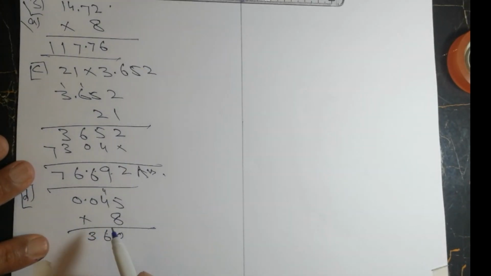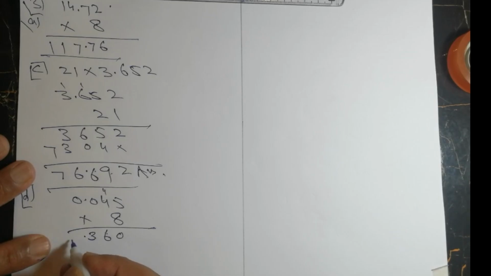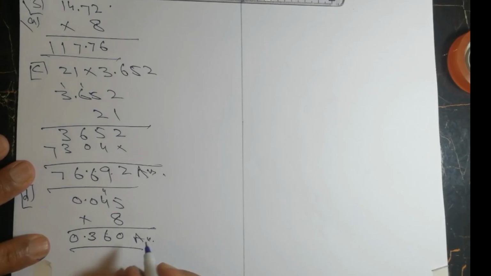So now the decimal, 1 2 3, 1 2 3, this is the decimal place, so we can write here 0. So this is the answer.